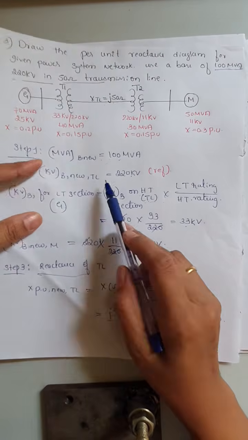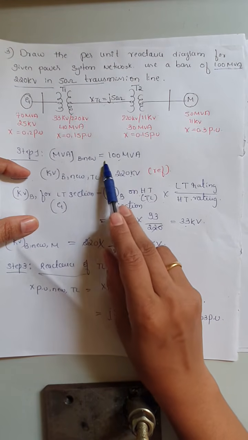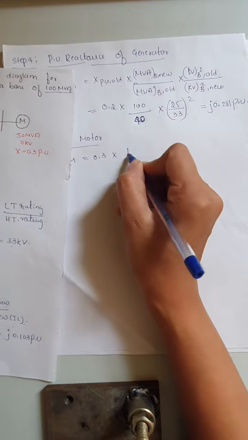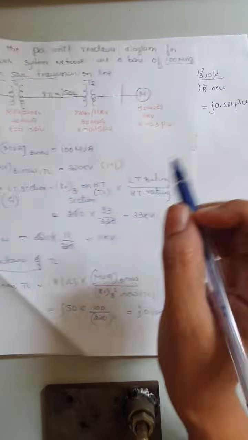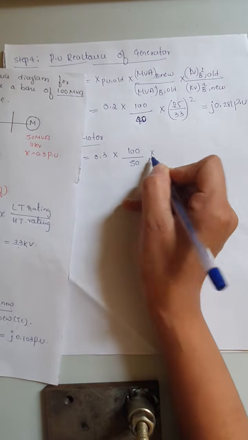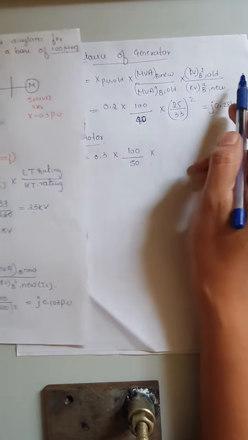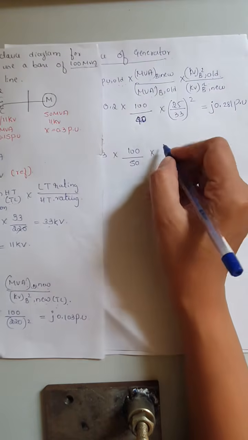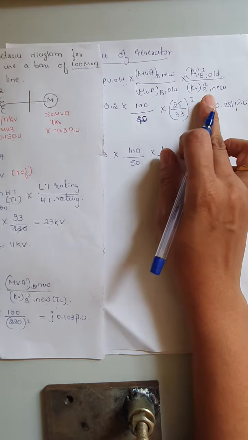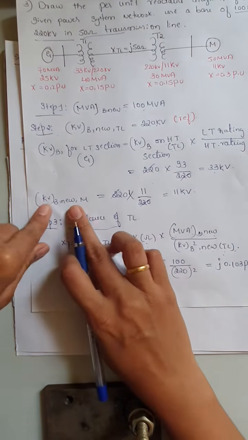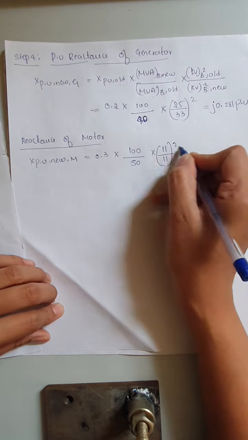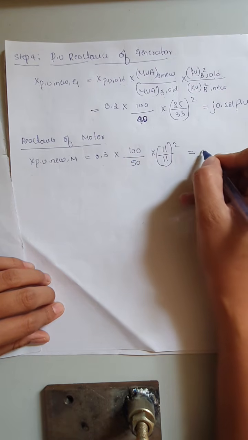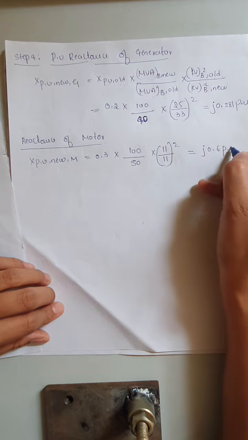New is from step 1, that is 100 MVA, divided by MVA base old, given data, it is 50 MVA, multiplied by kilovolt base square old, again given data, it is 11 kilovolt, divided by kilovolt base square new, that is the step 2 value. Kilovolt base new for the motor is 11 kilovolt. After substituting this, we will get the answer for the motor as J0.6 per unit.